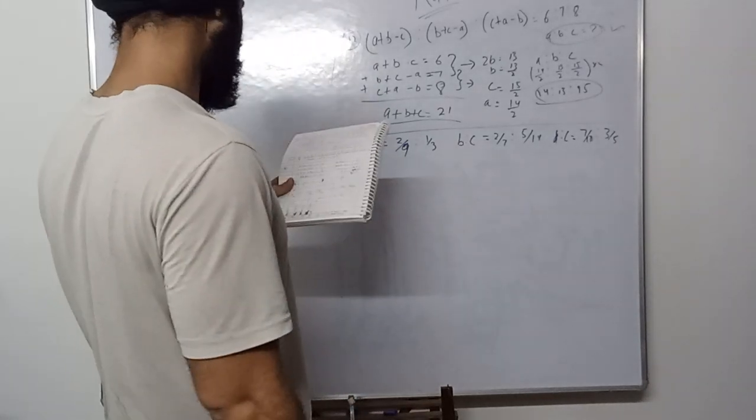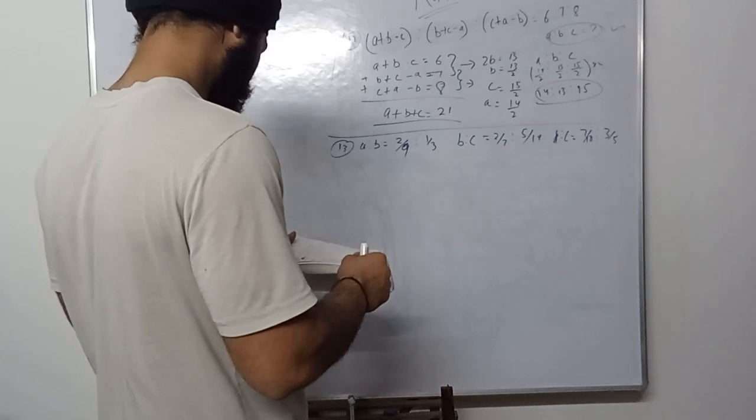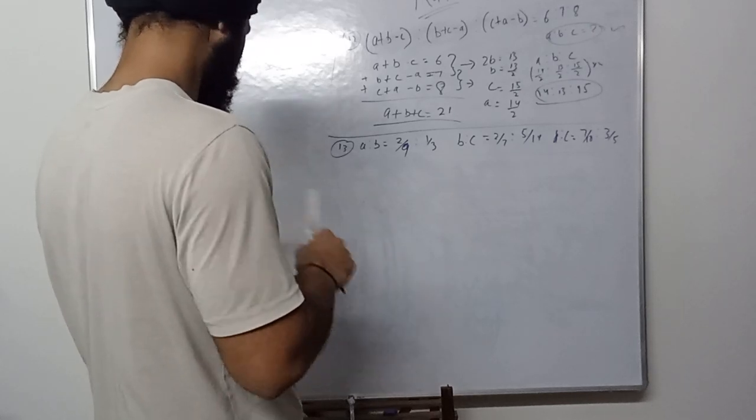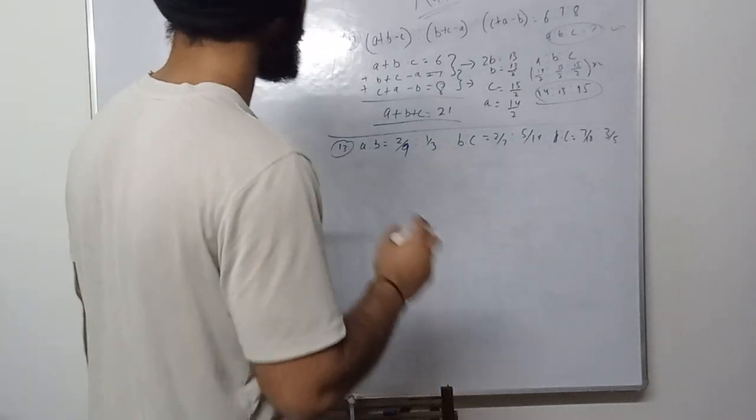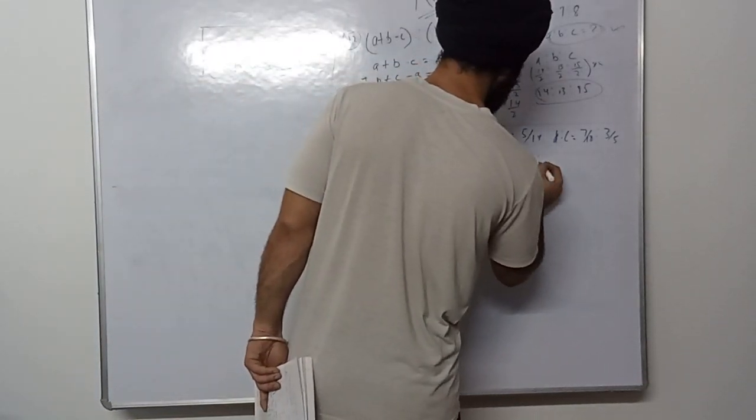Firstly, what is the question that we need to find? We have to find the value of A ratio B ratio C ratio D.